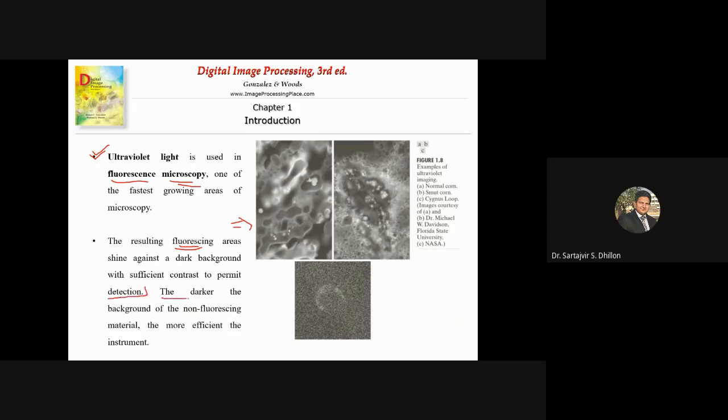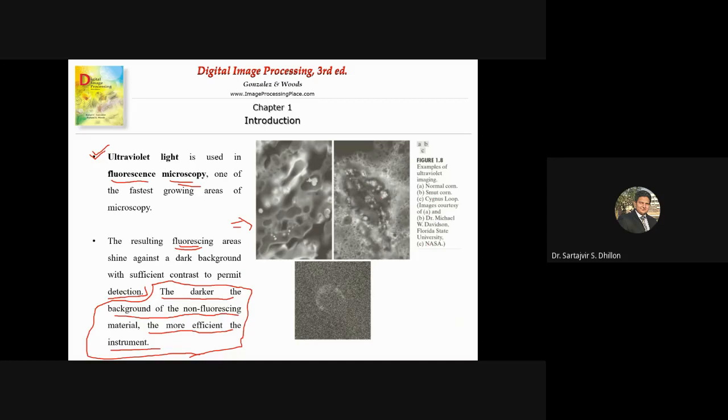Please note that the darker the background of non-fluorescing material, the more efficient the instrument. So there is a point where you can guess the potential of that particular instrument used for microscopy.